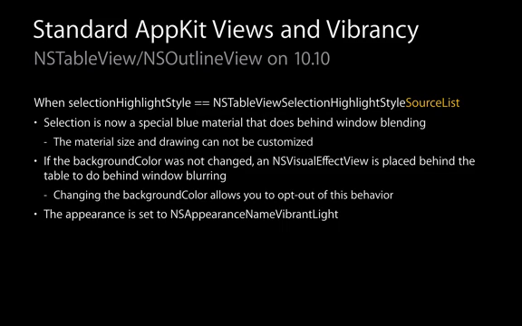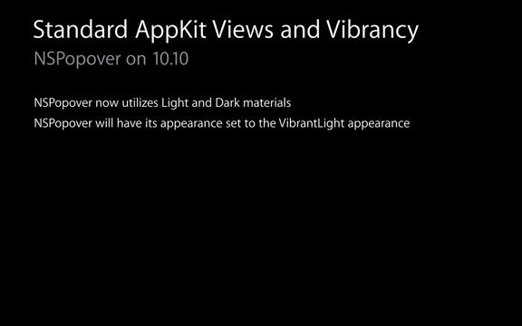Another thing to be aware of is that now automatically in 10.10, the sidebar source lists or table views automatically get the appearance set to the vibrant light appearance for you, and you don't have to do that. Another control inside of AppKit, Popover, is now utilizing the light and dark materials as necessary, and it will have its appearance set to vibrant light or vibrant dark as necessary, and you don't have to do anything for that.